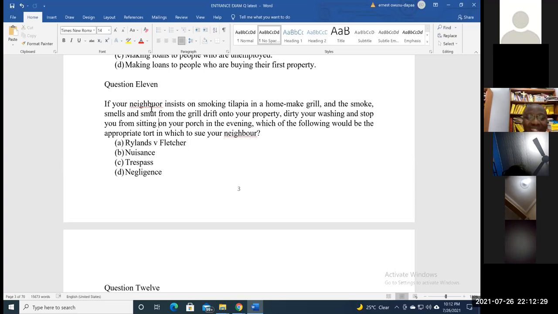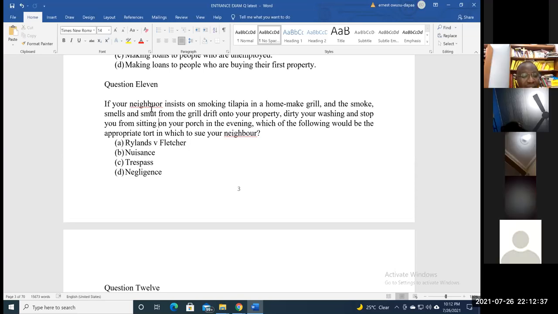Yeah, that is very interesting. So you remember Rylands and Fletcher. One of the things that should always come to your mind is what they call the non-natural user. So will you say that smoking tilapia in the homemade grill is a non-natural user? No, not, okay, let's go.